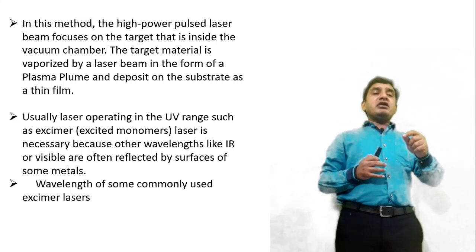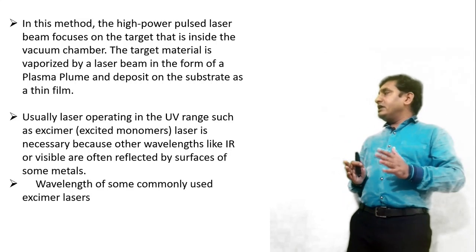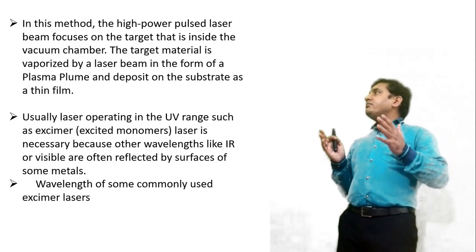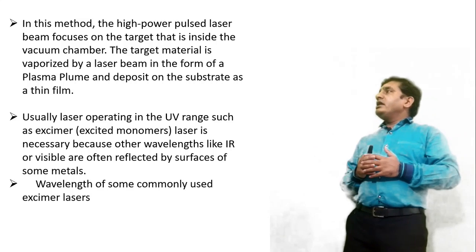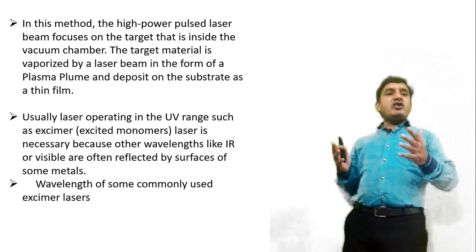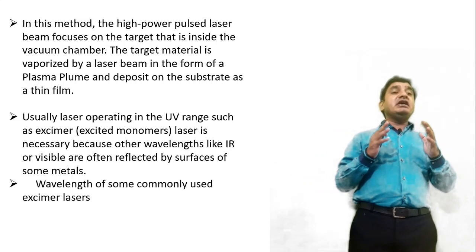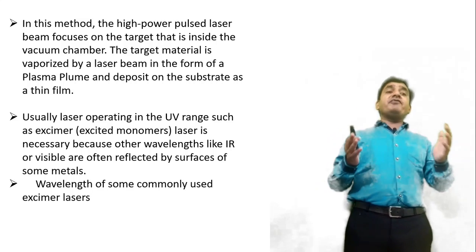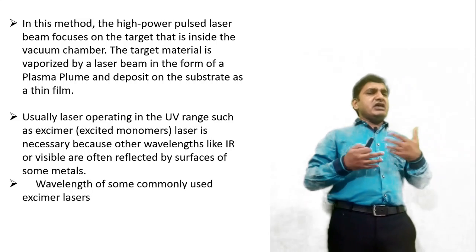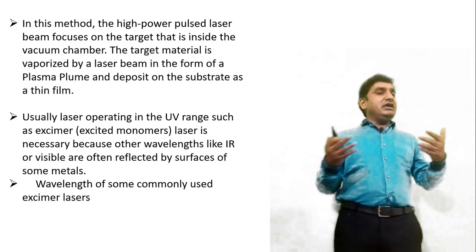The high power laser is incident on the target material so that the laser plume or plasma plume is formed, and this is deposited on a glass substrate at a different temperature. We can change the temperature of the substrate by a heating plate.